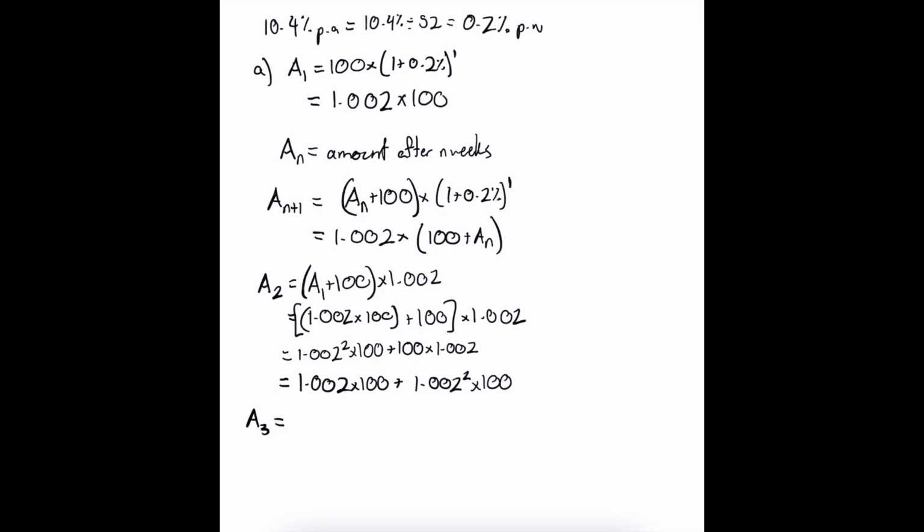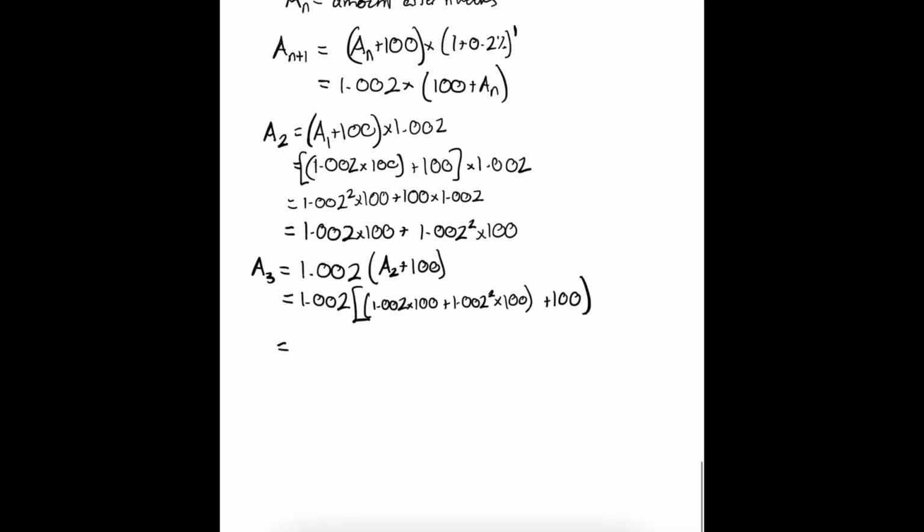A3 then becomes 1.002 outside of A2 plus 100, which is equal to 1.002 outside of, now A2, I'm just going to repeat what we have here, which is 1.002 times 100 plus 1.002 squared times 100. And then this is just getting added to a 100.